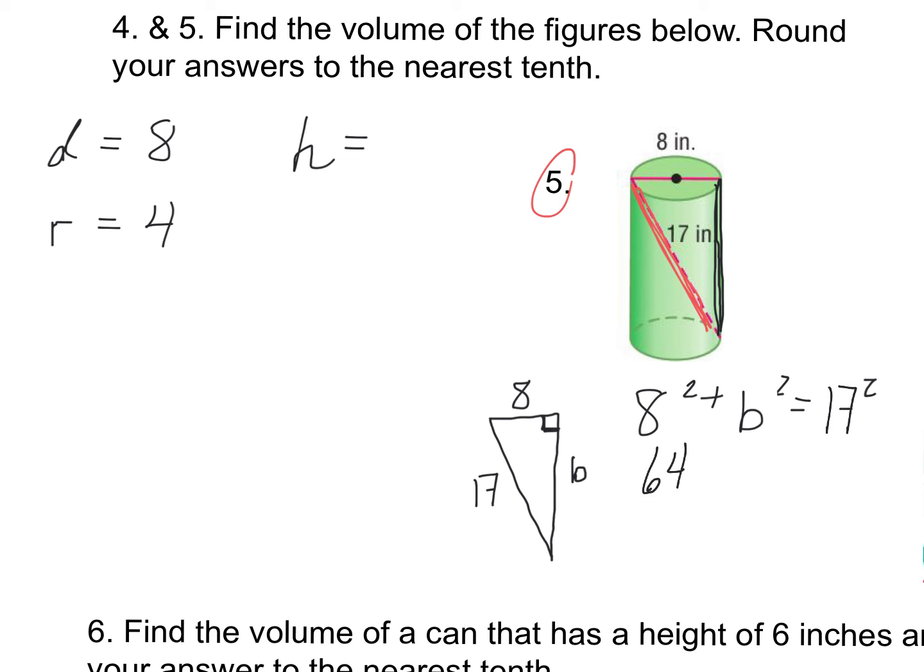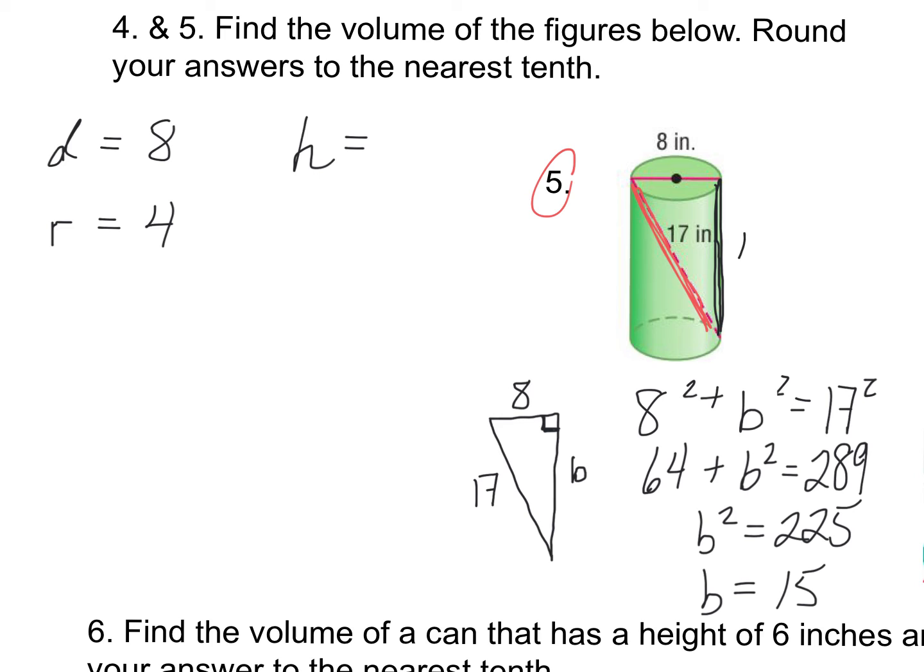So after I go through and square my terms, and then I subtract them, it looks like I'm going to end up with b squared equals 225, which tells me that b is 15. So now I have a value for my height. So b, or h, is 15 inches.